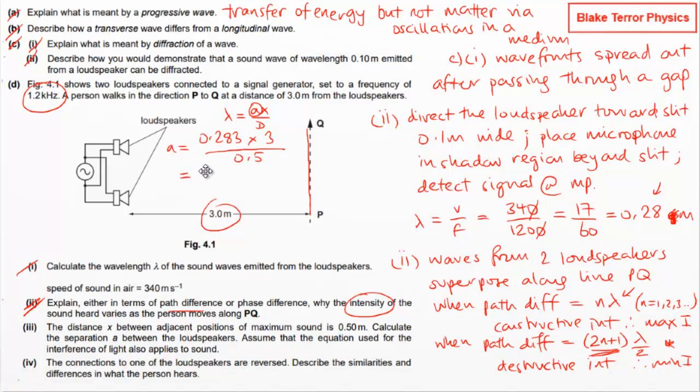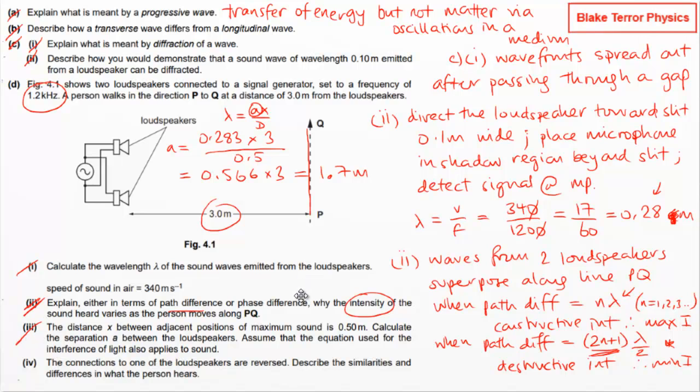So that's going to be 0.566 times 3. So that's going to be 1.69, so 1.7 meters. Right, I think I've done that right. I don't know where my calculator is at the moment. So, right, that's that bit.